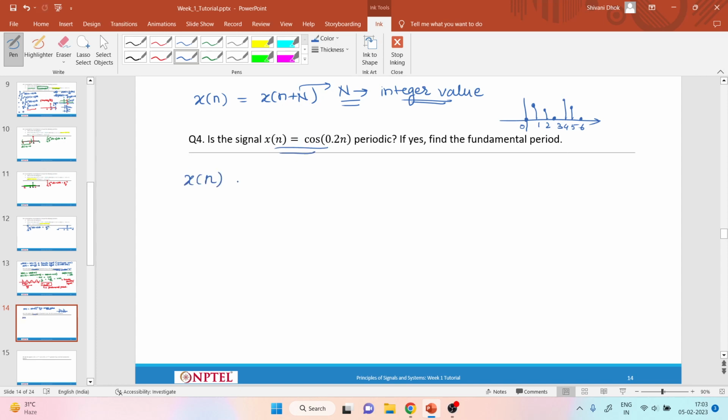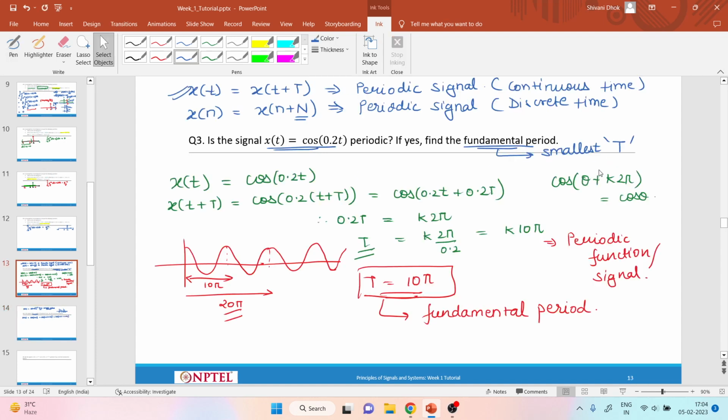So I am having this x of n is equal to cos of 0.2 n. This is equal to cos of 0.2 (n plus capital N), that is equal to cos of 0.2 n plus 0.2 capital N. And we saw here that we need to look at this aspect, that whatever is other than this theta should be an integer multiple of 2 pi.